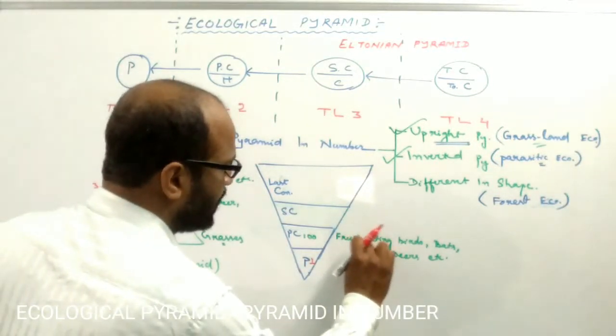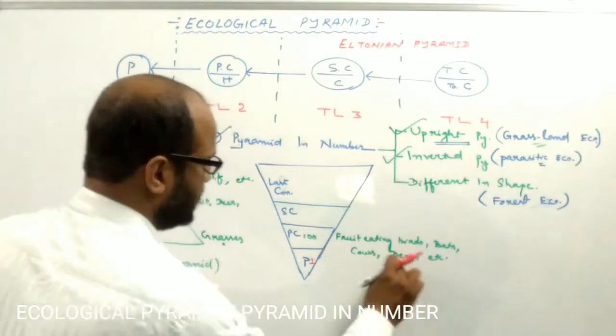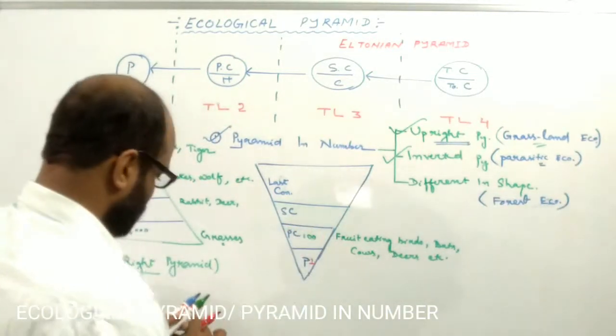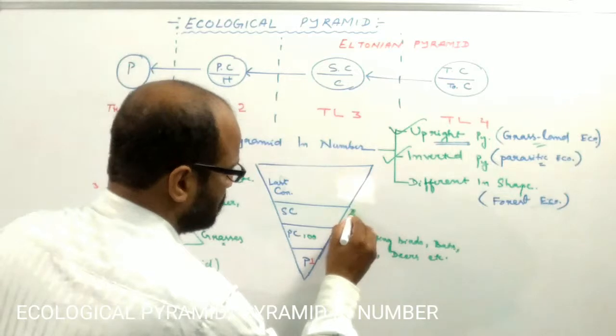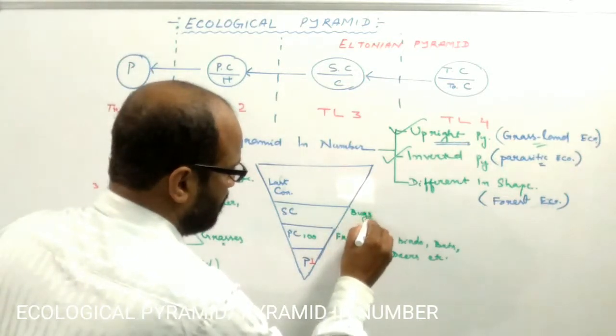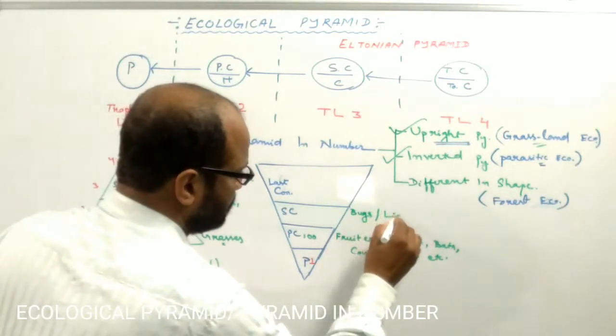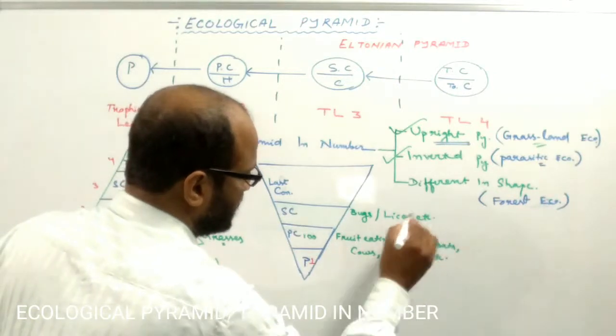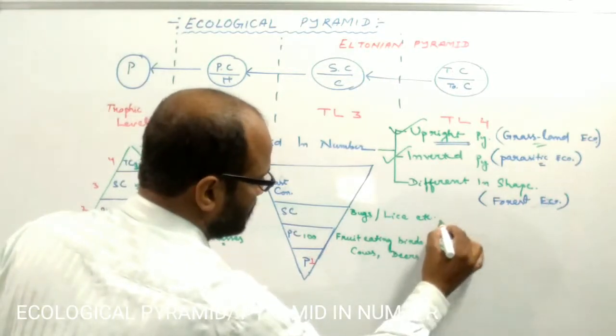On the body of the fruit eating birds, bats, cows, deers, they have so many bugs or lice, etc. These are the parasites.